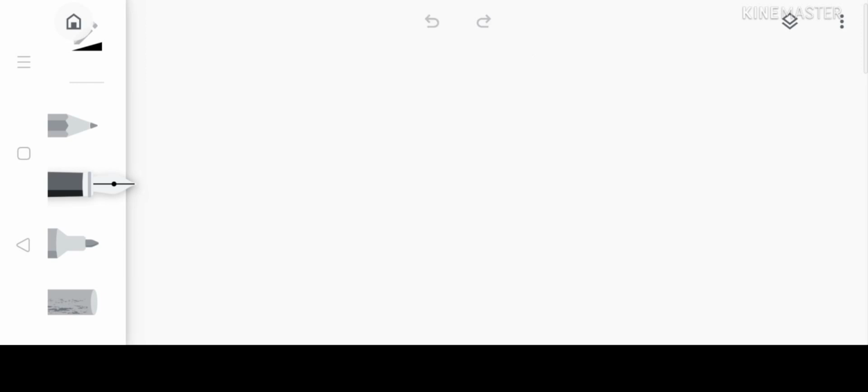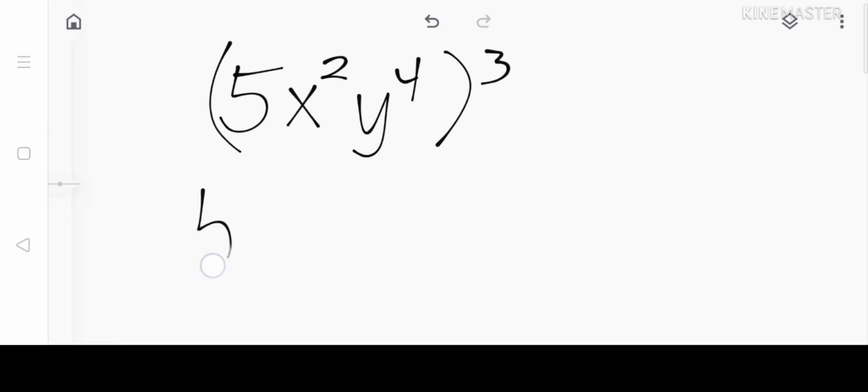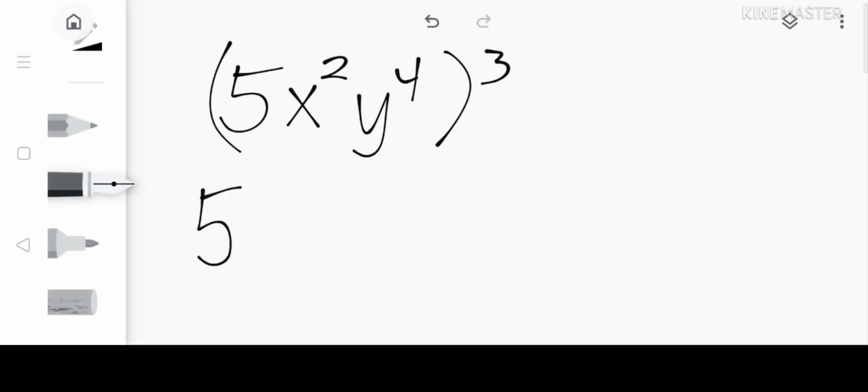Next example, simplify and find the product of the cube of 5x squared y raised to 4. So, in this case, we are going to distribute the exponent 3 to the bases. So, 5, and then distribute the exponent 3, and then x, and then apply the laws of exponent.